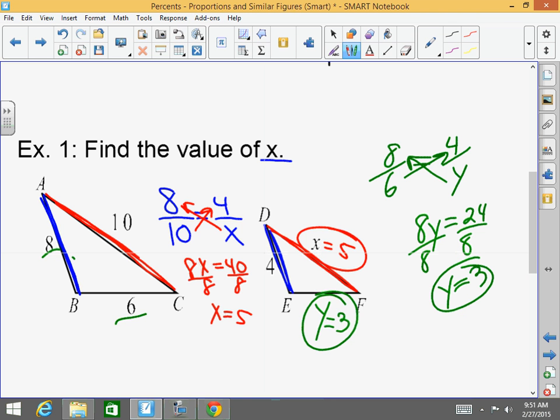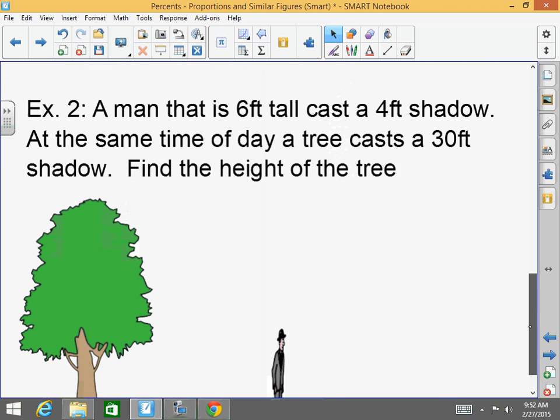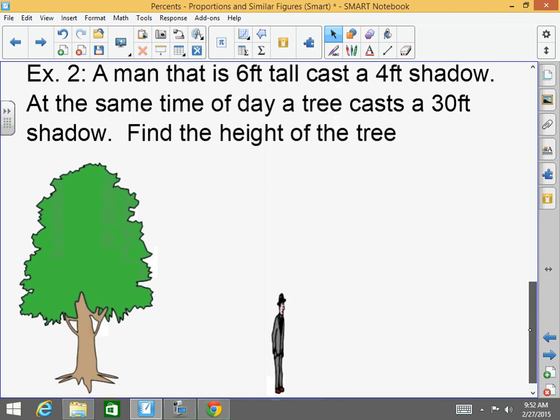Okay. Any other questions on this so far? Okay. Now, how about this one? Example 2. A man that is 6 feet tall casts a 4-foot shadow. At the same time of day, a tree casts a 30-foot shadow. Find the height of the tree.